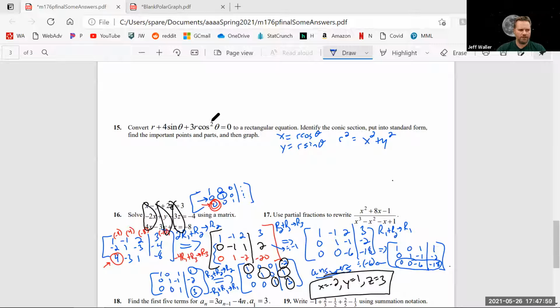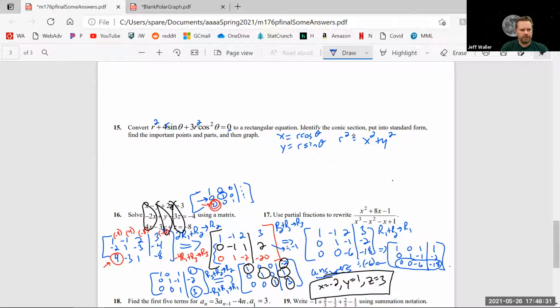R. So of course I'm going to multiply both sides by R, because then it's going to fall into everywhere I need it. If you see a cosine sitting there and I'm asking you to convert to rectangular, you want to somehow get an R in front of that cosine, because then it's just x.